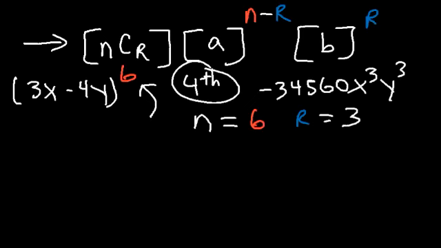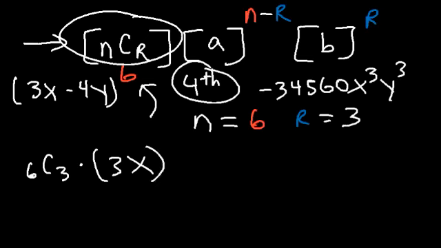It's going to be nCr, which is 6C3, times a. a is basically 3x, which is raised to the n minus r, which is 6 minus 3, times b, which is negative 4y, and that's raised to the r power, which is 3.